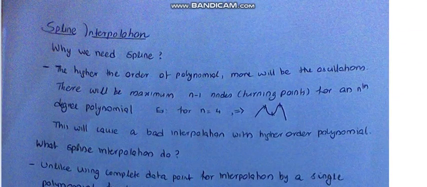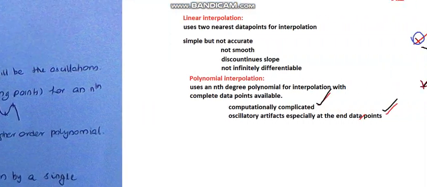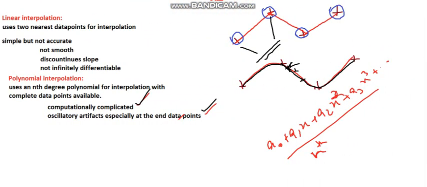By using spline interpolation we can remove these limitations of linear interpolation and polynomial interpolation, especially polynomial interpolation. But polynomial interpolation is much better than linear interpolation, because you get a very smooth curve, and the node regions are differentiable as compared to linear interpolation, which has a sharp change at these points.